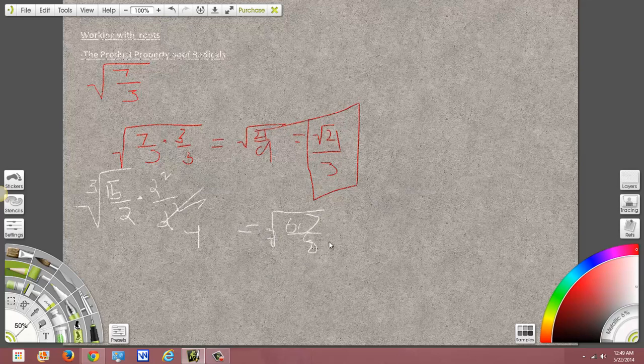The cube root of 8 is 2 because 2 times 2 times 2 is 8. So we have the cube root of 60 divided by 2 as our answer.